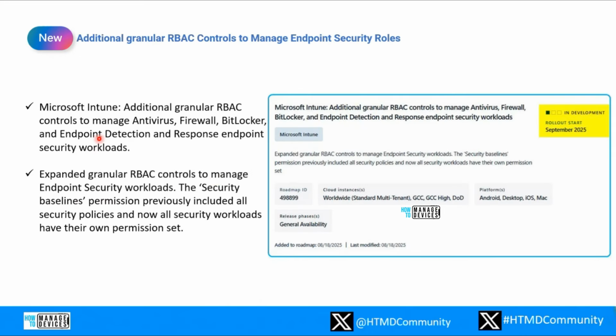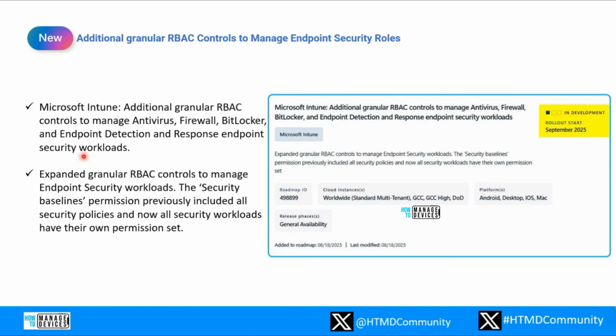These are the newly added items in the roadmap. This was added this month and is expected to be rolled out in September. What it will bring is more control to manage endpoint security roles, for example BitLocker policies and endpoint detections, which GK was referring to before, about BitLocker and all those things.